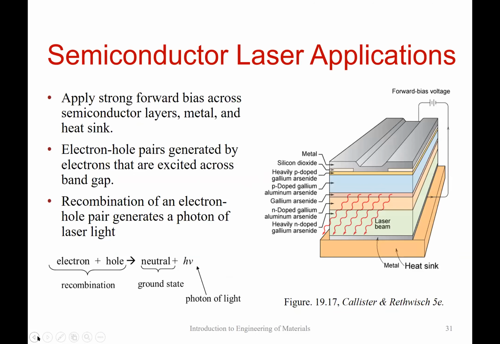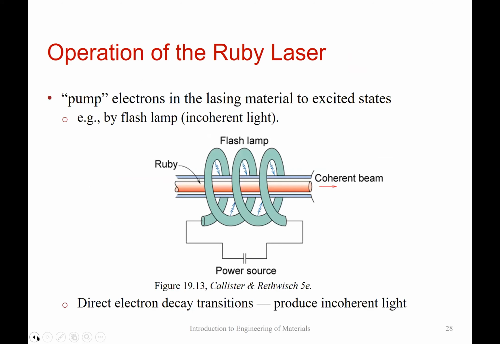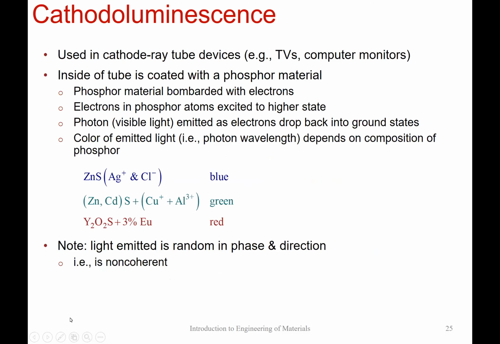So where we left off was the operation of the laser, and I skipped past cathodoluminescence due to time, but I will revisit it right now. There are different ways one can use optical properties of materials for a variety of applications.